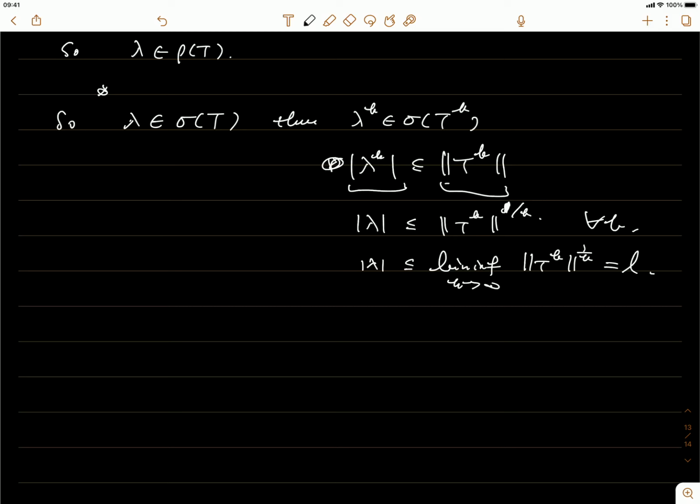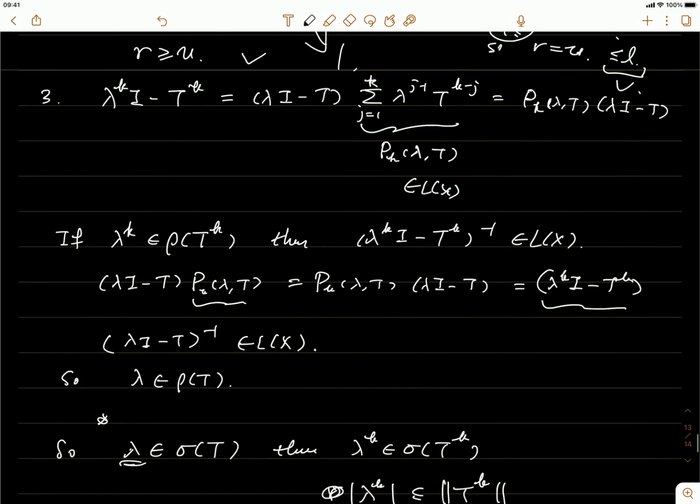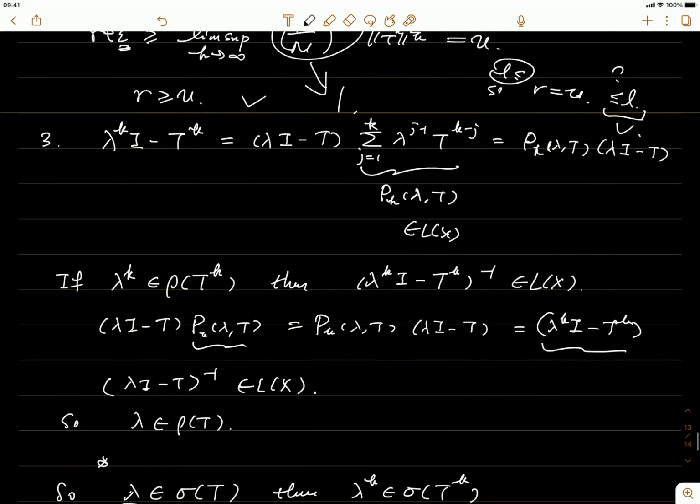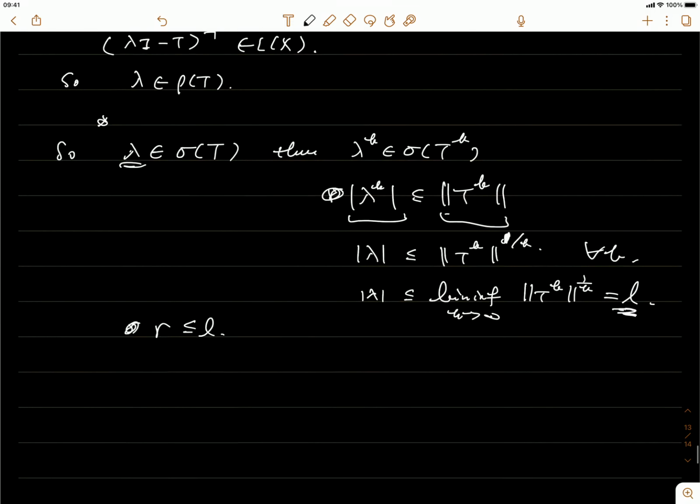And this by definition is L. Okay, so for any lambda in here, it must be less than or equal to L. So that means the spectral radius r must be less than or equal to L. And this completes the proof. As we said, we show that this is also less than or equal to L. And so r must be equal to u must be equal to L. And that just means that the spectral radius is equal to the limit.